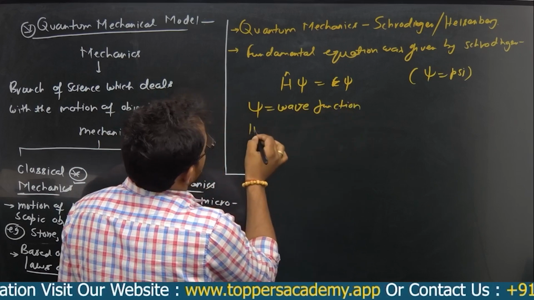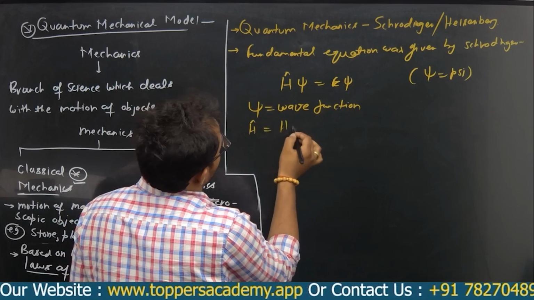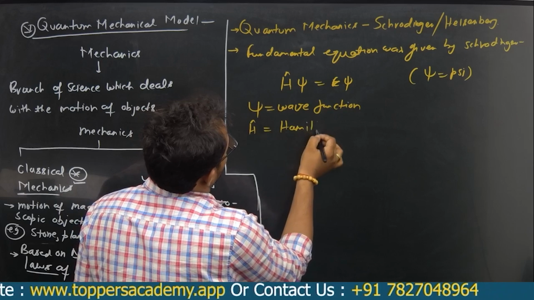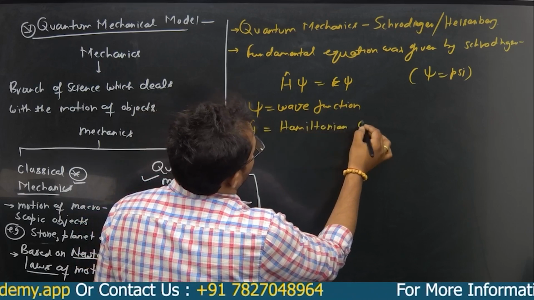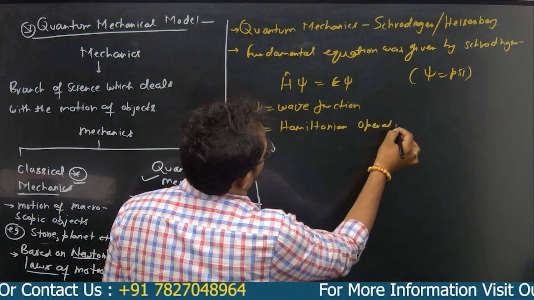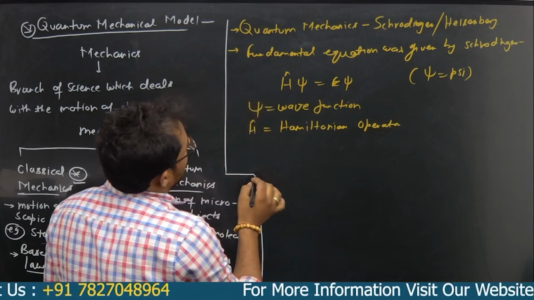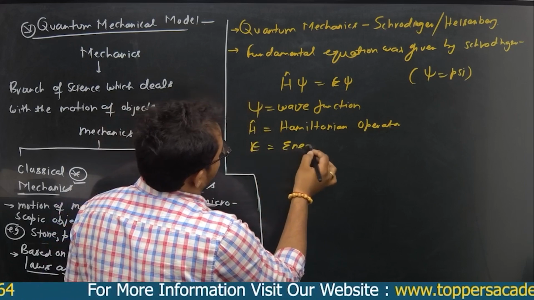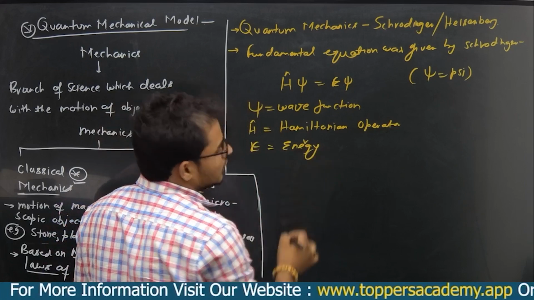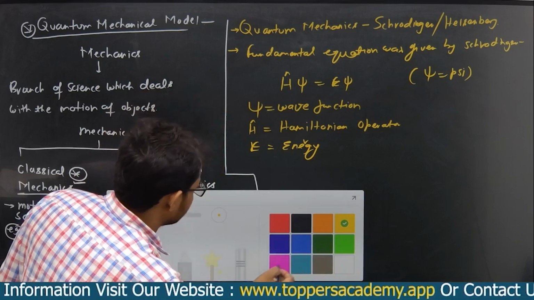What is H? It is the Hamiltonian operator, a mathematical operator, and E tells about the total energy.